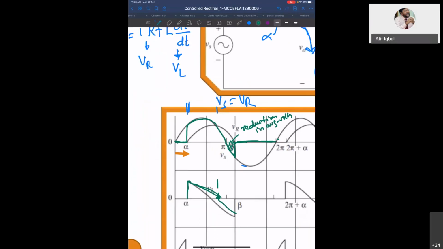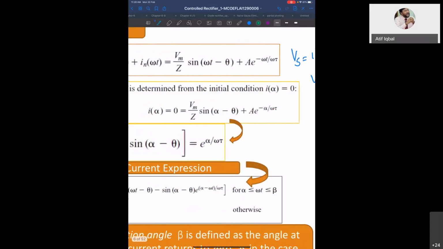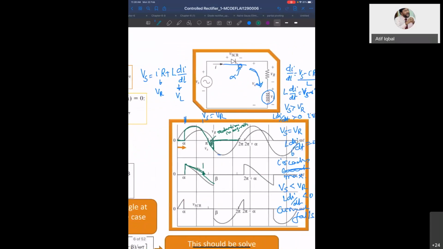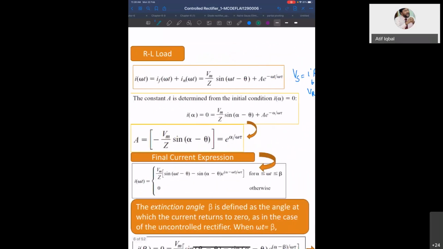Now look for the equations. The current will have the forced plus natural response. The forced response is Vm by Z into sine omega t minus theta. Why is it like this?